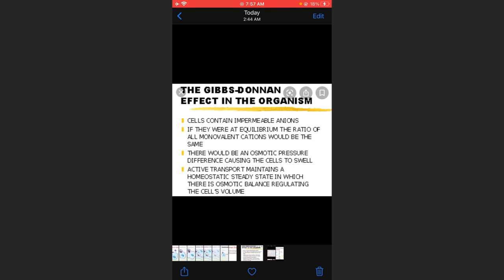Do you understand? An osmotic pressure difference would come which would swell the cell. Therefore, active transport maintains a homeostatic state in which there is osmotic balance regulating the cell's volume. Here, the impermeable molecule causes the maintenance of the homeostatic state.